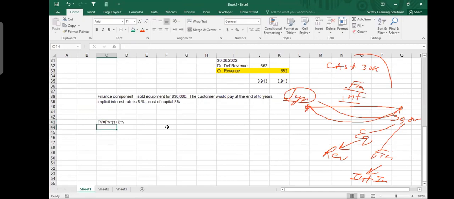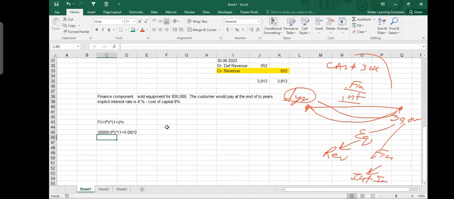In this case, your future value is 30,000, which is after 2 years. How much is the present value? You must find that present value. And 1 plus 0.08, in our case the interest rate is 8%, to the power 2. This is how you should discount it.